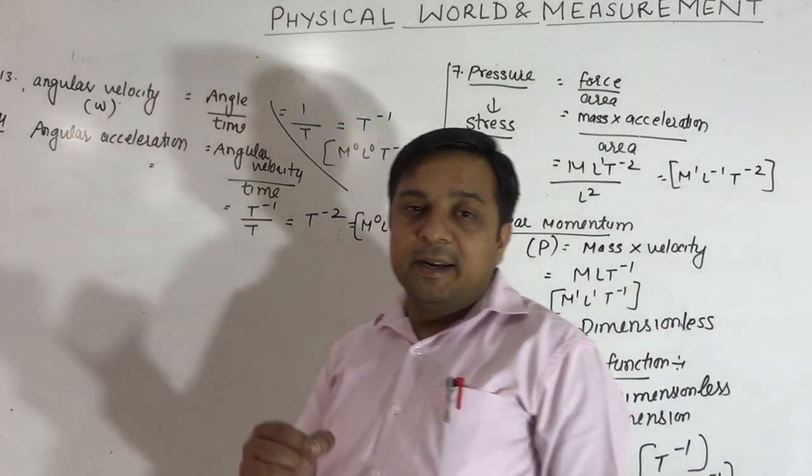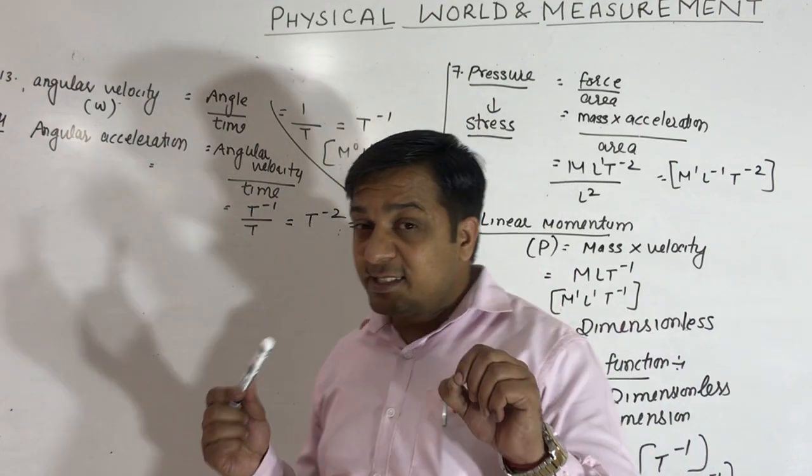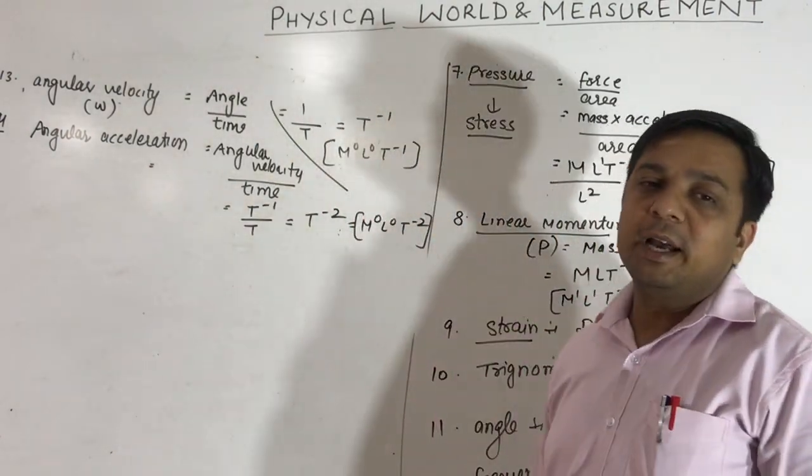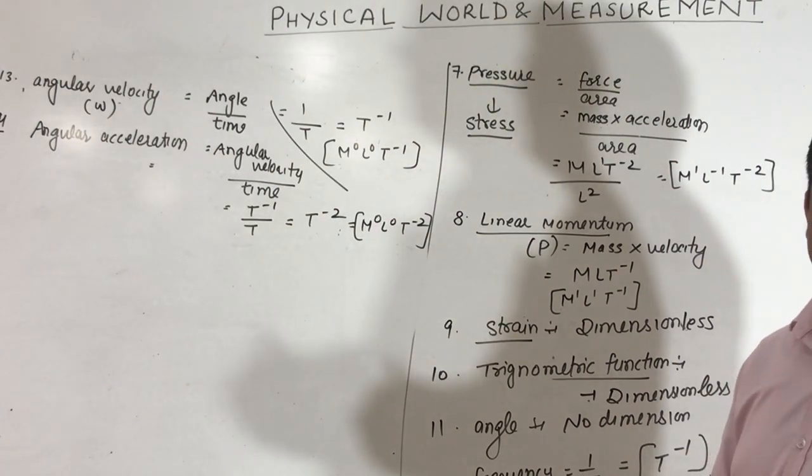These are the main basic formulas, and from the NCERT book you will have to learn at least 50 dimensional formulas.